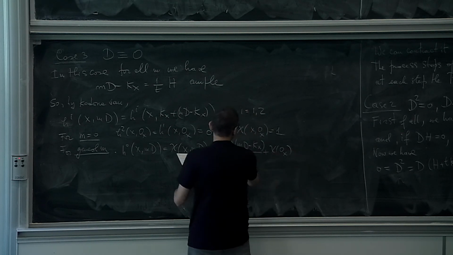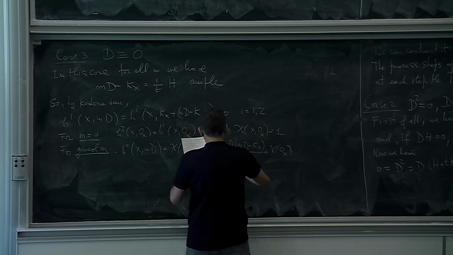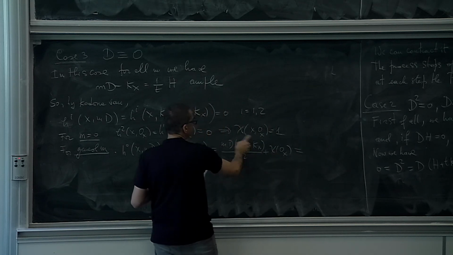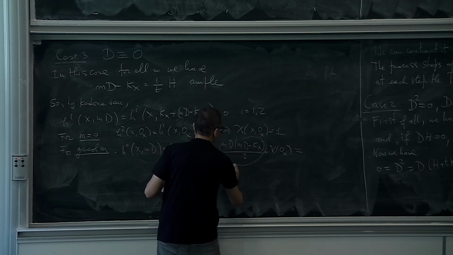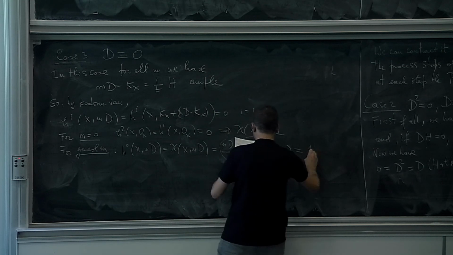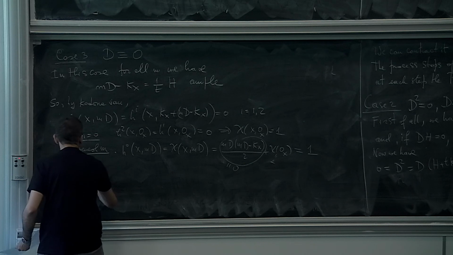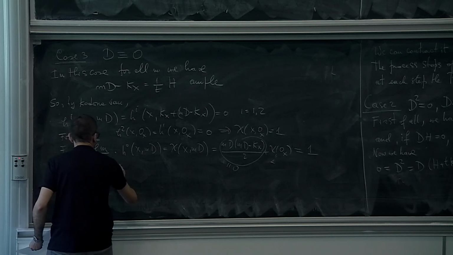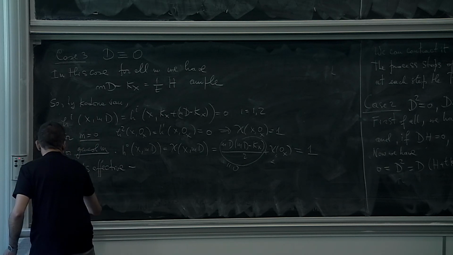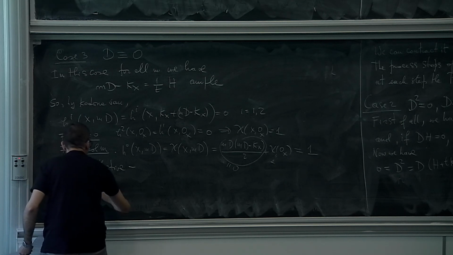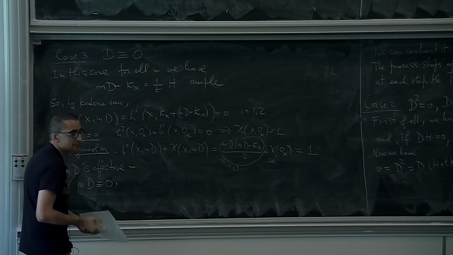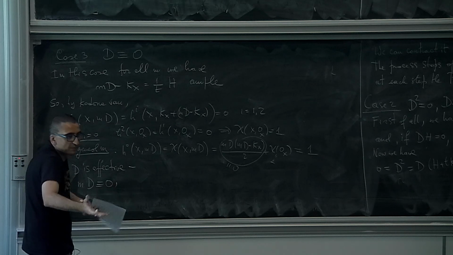This is 1, this is 0, because D is numerically trivial, so this is 1. So mD is effective. Since mD is also numerically trivial, the only possibility is that mD is trivial, and so is base point free by definition.